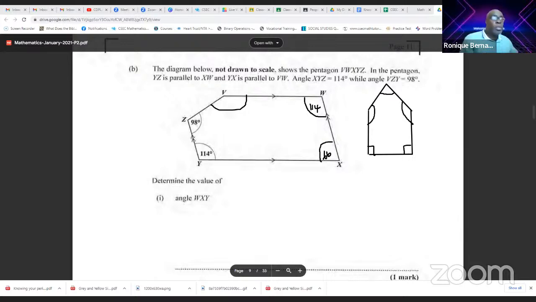All right. So what it therefore means then is that you can add up these angles and then subtract the sum of those angles from the 540.